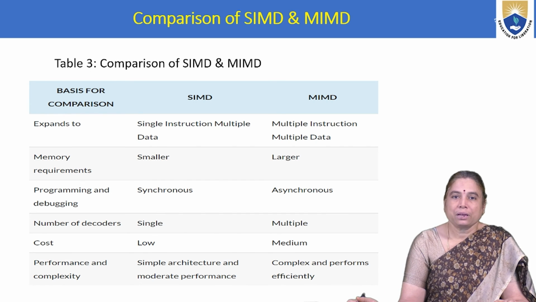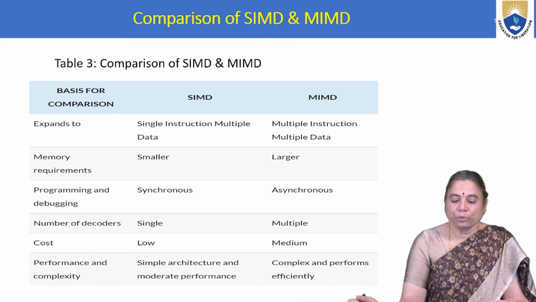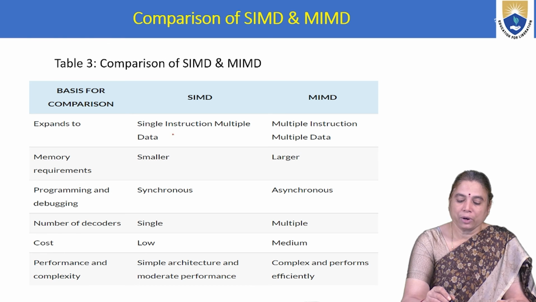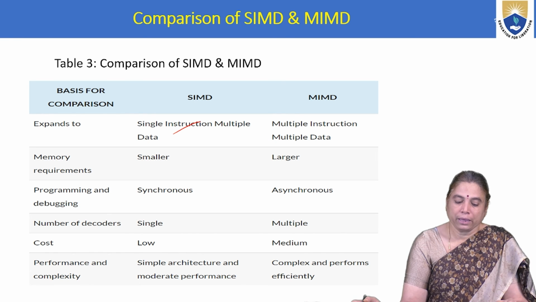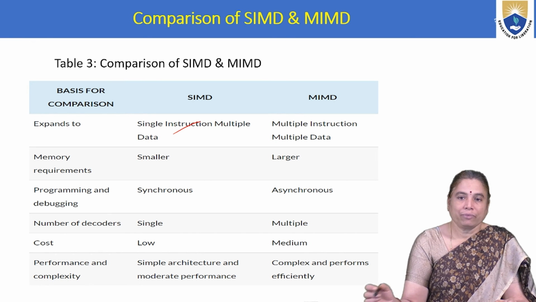Now the comparison of SIMD and MIMD. SIMD expands to single instruction multiple data, and MIMD is multiple instruction multiple data. The memory requirement for SIMD is smaller and for MIMD is larger.